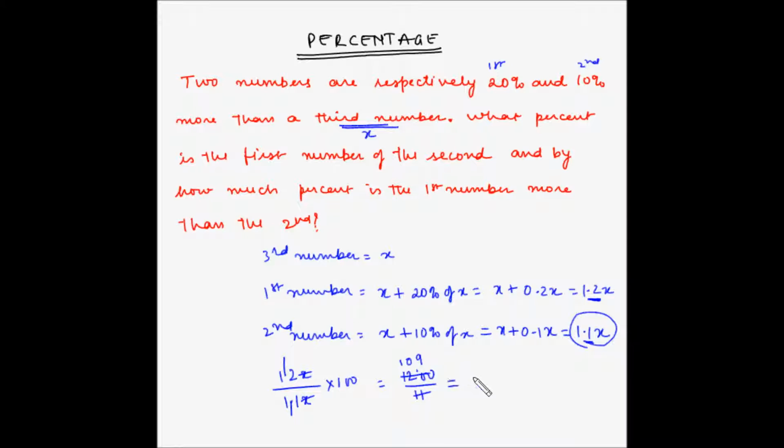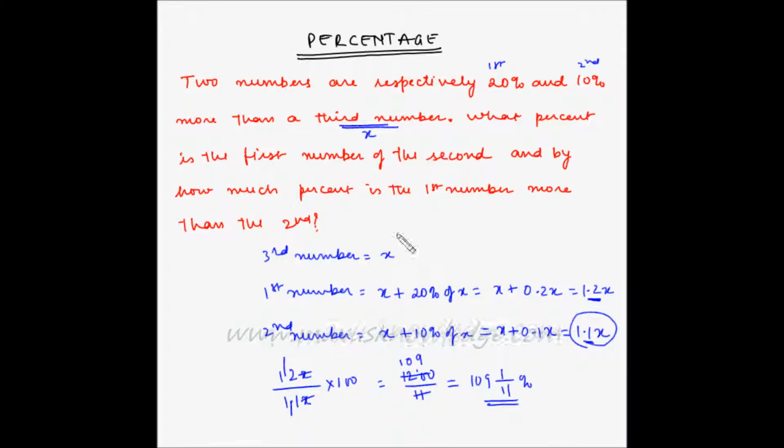So this becomes 109, and then 100 minus 99 is 1. So 1 divided by 11%. So the first number is 109 1 by 11% of the second number.